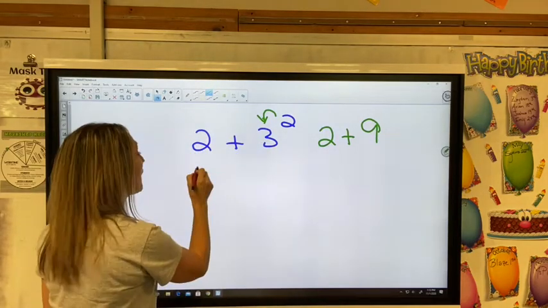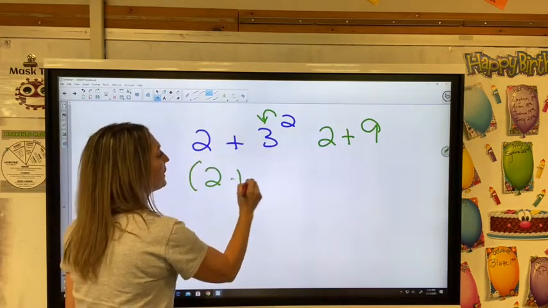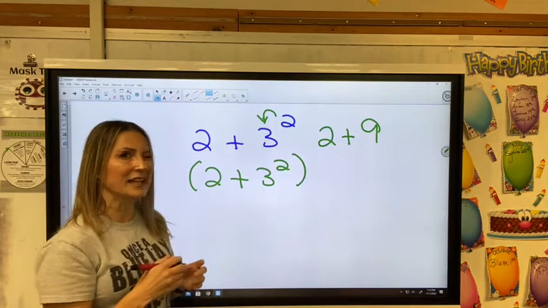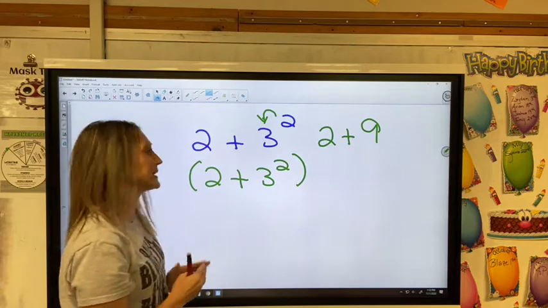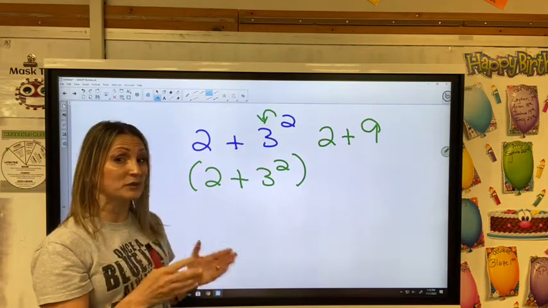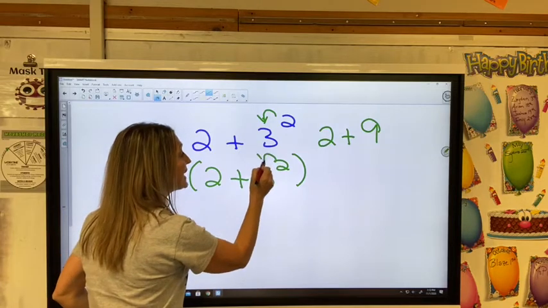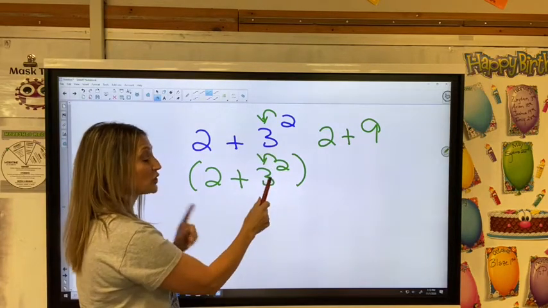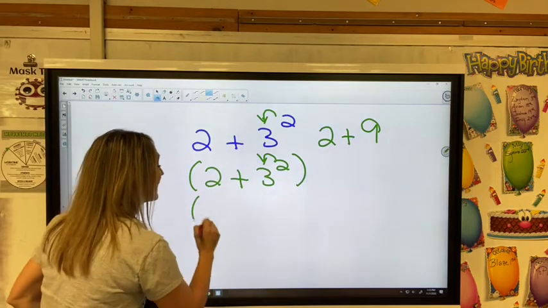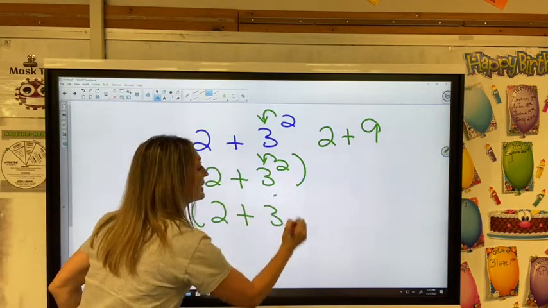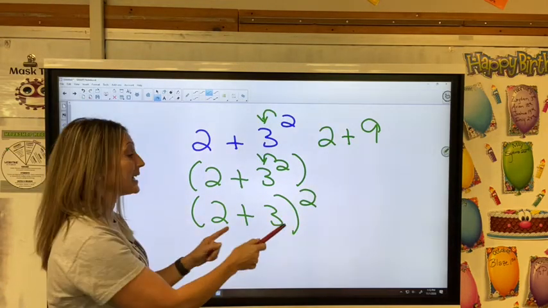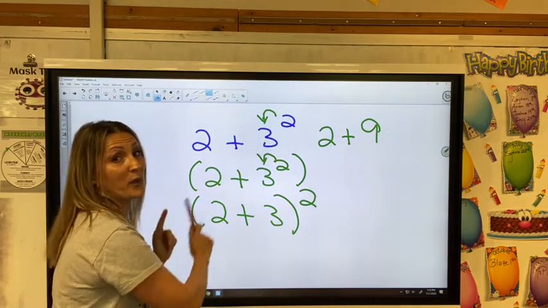When you have parentheses, you really need to remember and watch where the exponent is as well. If it is right here, 6th graders again, it will apply to the 3. But if that exponent is here, 6th graders, it really means that it applies to everything in the parentheses.